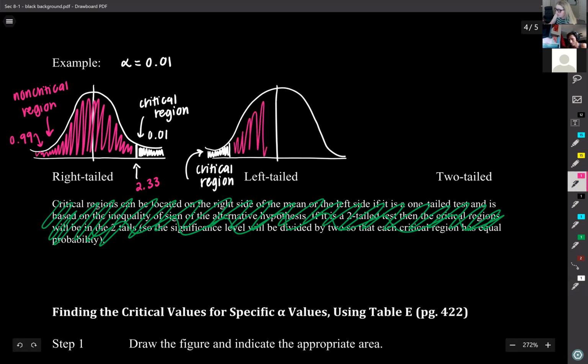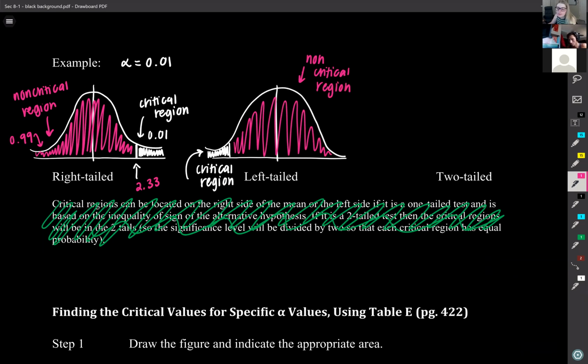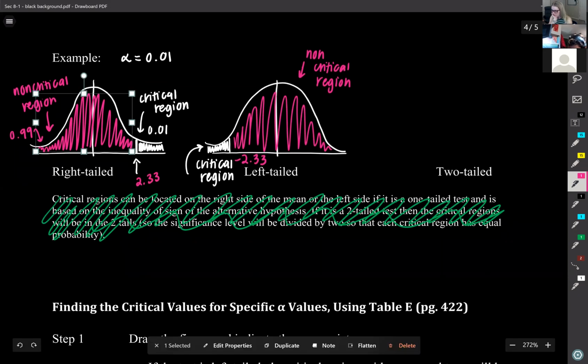So this over here is my non-critical region. But if you remember anything about the normal distribution, they are symmetric. So just because I now moved, like I wanted my right tail at first to be 0.01, well now I want my left tail to be 0.01. This is going to be the same value. It's just going to be negative. So it's negative 2.33. That is the critical value. There we go.